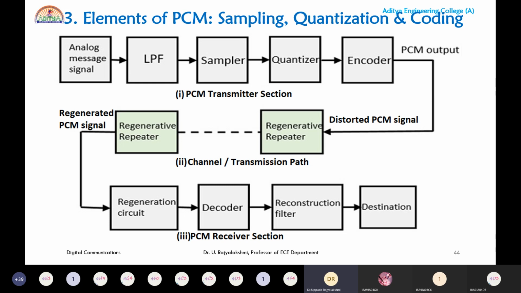The distorted PCM signal, once it is sent through the channel, we already discussed many times that in the transmission path we have a number of regenerative repeaters. Please observe the block diagram. There are multiple regenerative repeaters in the channel. So what will each repeater do? Each repeater will equalize the output signal with the input signal.